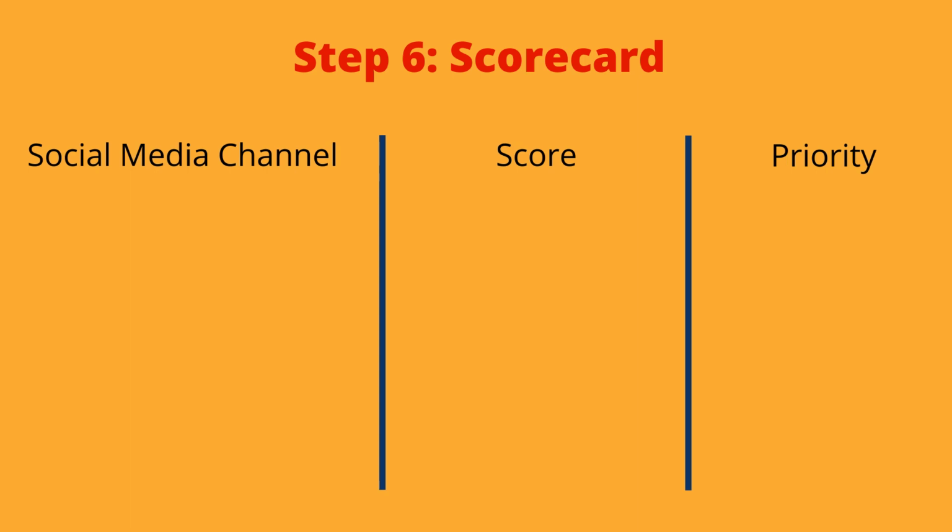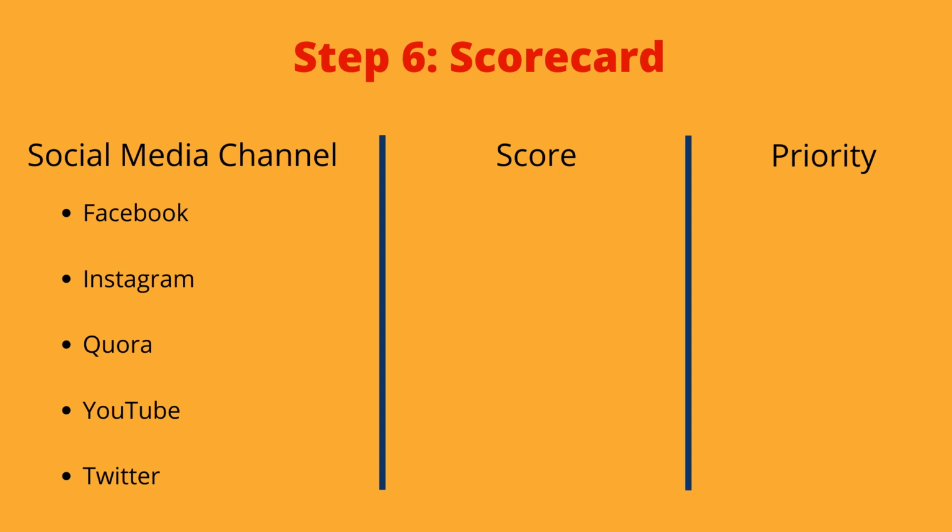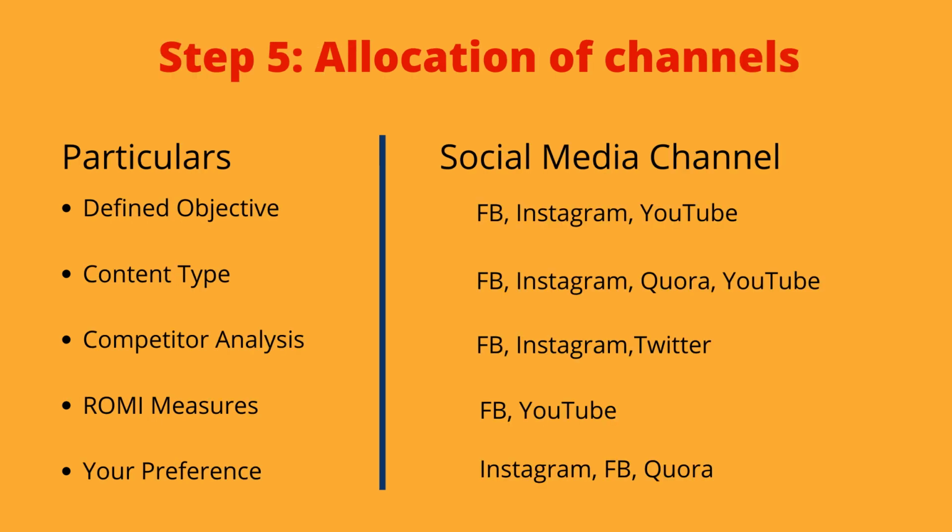This is the sixth and final step, where we'll be making a scorecard to decide which channel we should give the highest priority to start with. In the first column, make a list of all the social media channels which were mentioned in the allocation. If we go back to the allocation, let's count how many times each social media channel was allocated to a particular.